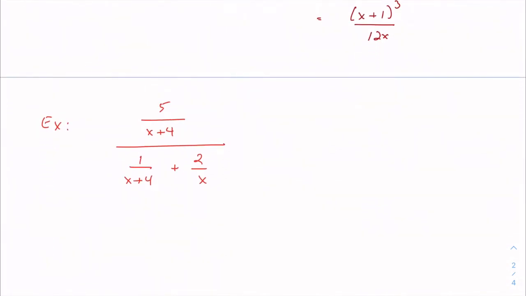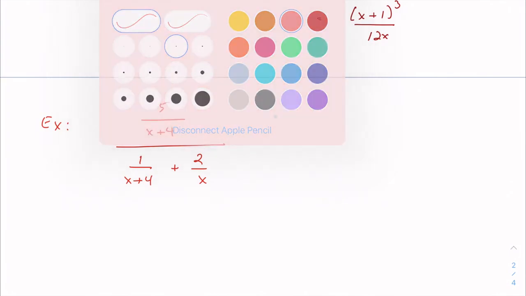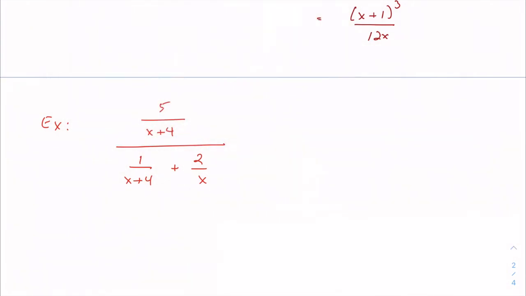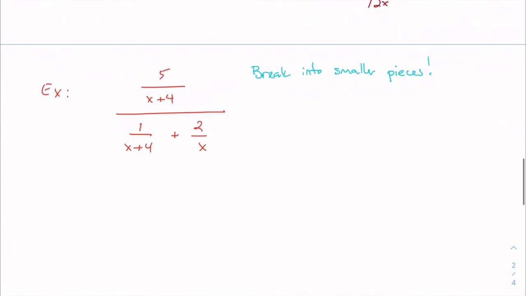Let's look at one more, and your first reaction is, wow, this looks awful. The trick to make this as easy as possible is to break it into smaller pieces. Always. You can always break a problem up into smaller pieces.